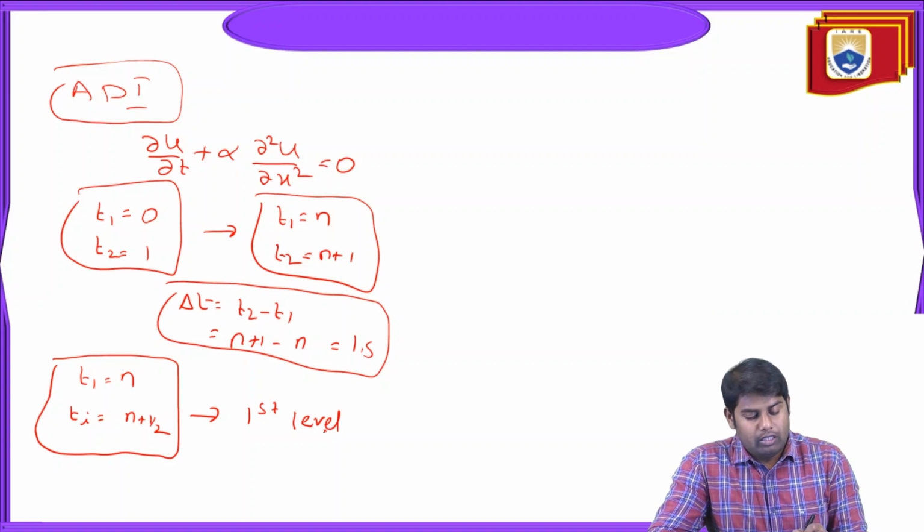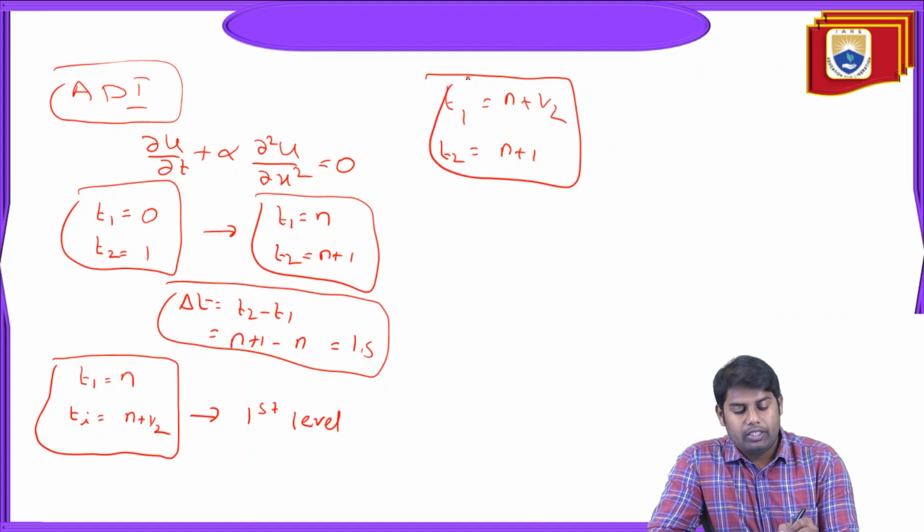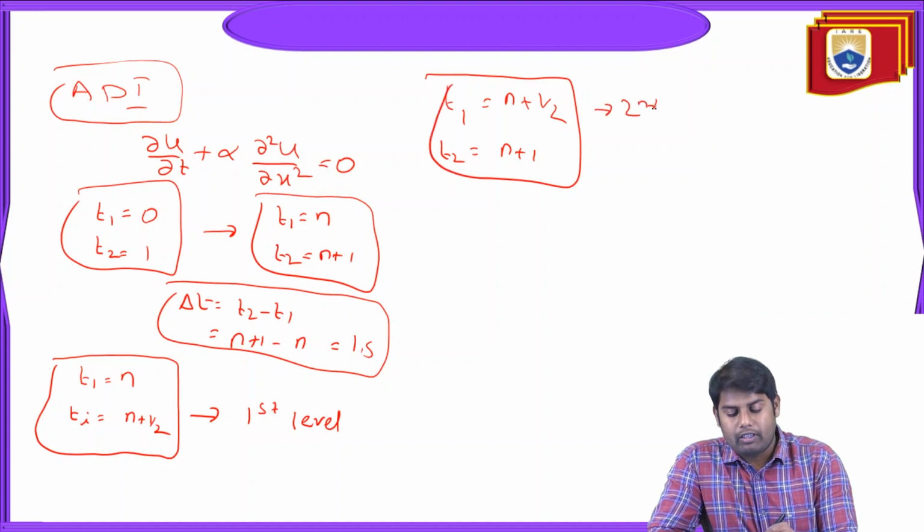The next level: let us take t1 equal to n plus half and t2 equal to n plus 1. So this is the second level.